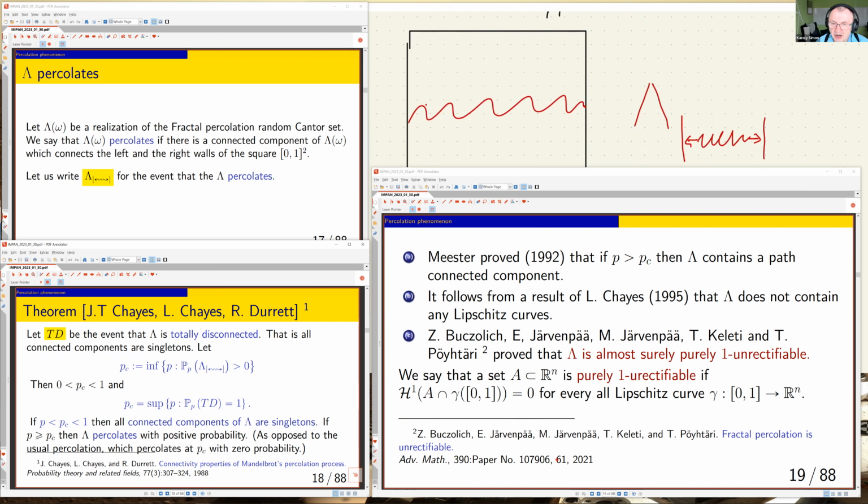And last year, there was a very interesting paper by Zoltán Buczolich, Esa and Maarit Järvenpää, Tamás Keleti, and Tamás Pölyárt-Hari, I think, who proved that lambda is almost surely purely unrectifiable, which means that this set lambda intersects every Lipschitz curve in a set of zero measure in this sense. So it is very irregular in some sense.